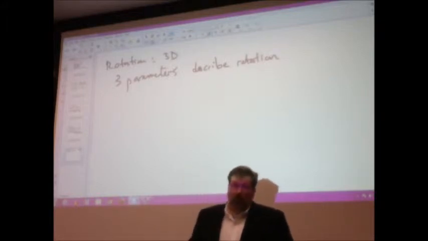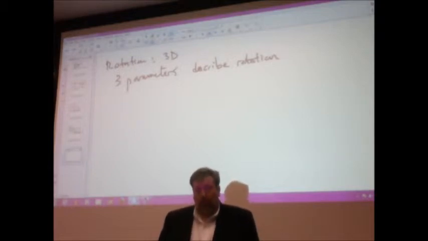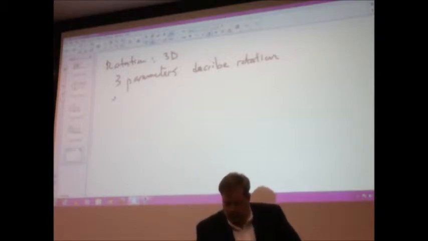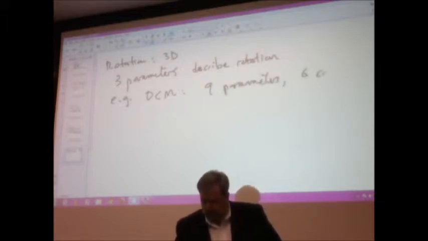I'll give you the example of the direction cosine matrix. A DCM has 9 parameters in it. It has 9 individual scalar numbers in a 3x3 matrix. So that 9-parameter representation turns out to work just fine if you feel like carrying around 9 numbers with you. But it's actually 9 numbers with 6 constraints.